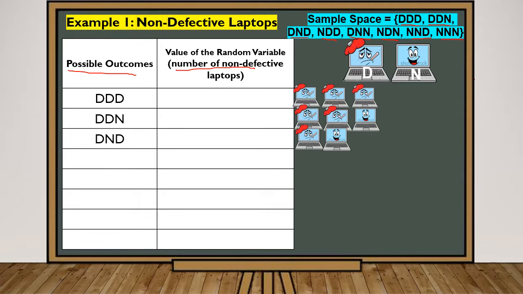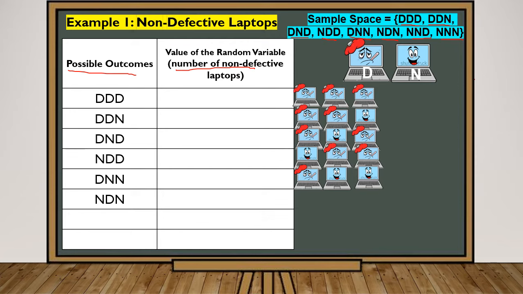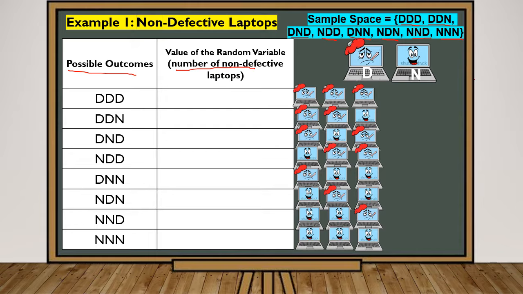Next is the DND. Next is a non-defective and 2 defectives. Next outcome, defective, non-defective, defective. Next is non-defective, defective, and non-defective. Next, non-defective, non-defective and defective. Next is the 3 laptops are non-defectives.